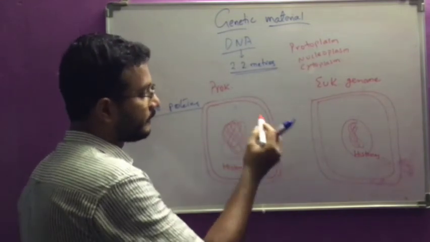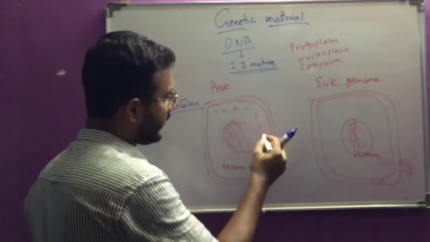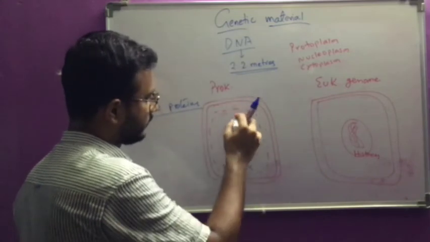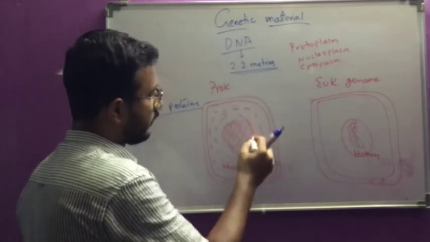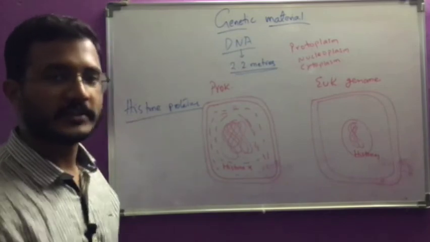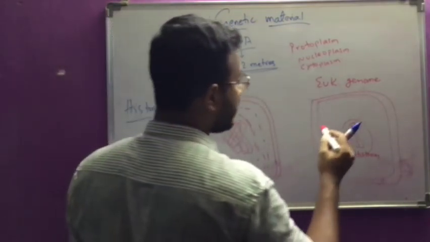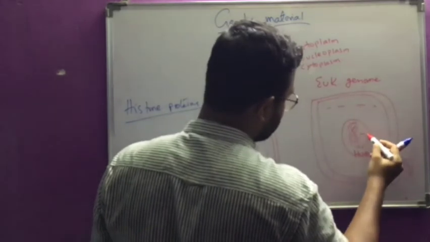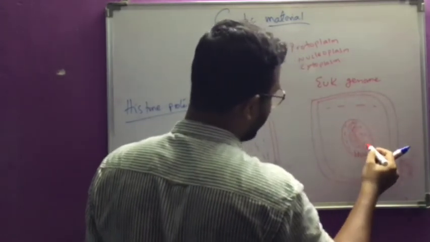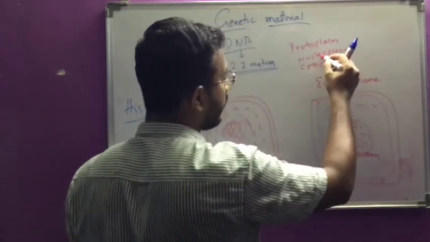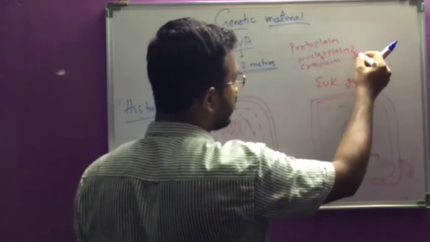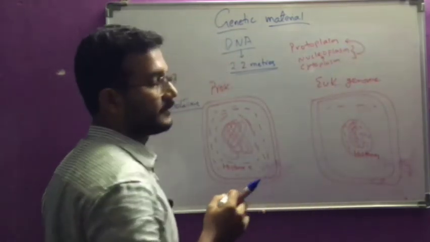Protoplasm means this entire thing is protoplasm. The watery material with all the chemicals present inside the cell, that is protoplasm. Here see this one and this one. If you combine these two, nucleoplasm plus cytoplasm, that is protoplasm.